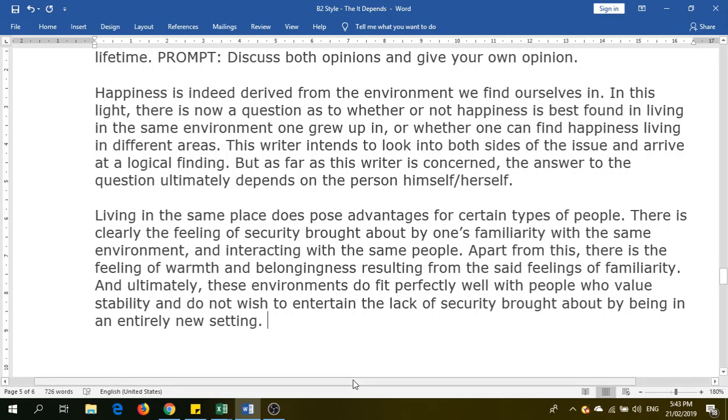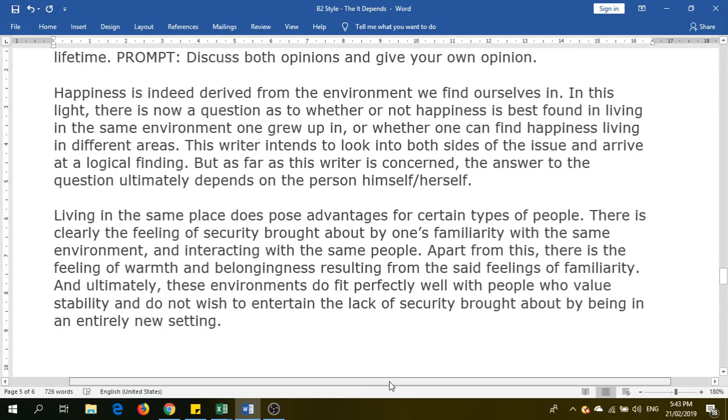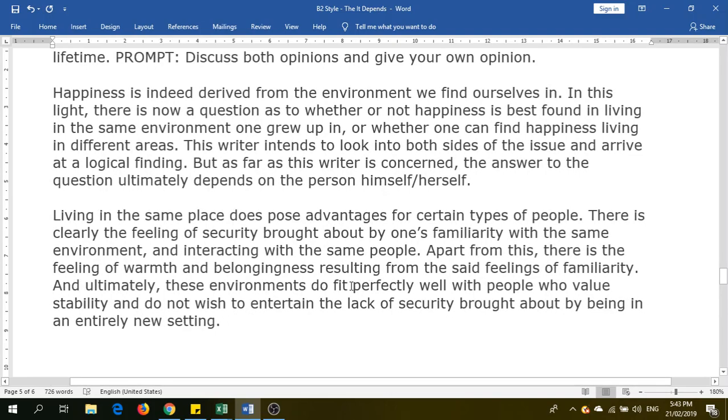So if you notice for that particular paragraph, that's the first body paragraph, what I cited here is that these environments do fit perfectly well with people who value stability. And so that is really the topic sentence, and that is the first depending condition, matching the thesis statement, which states that this ultimately depends on the person himself or herself.